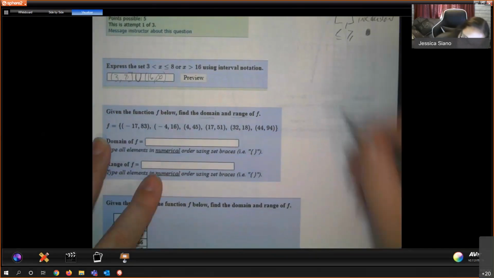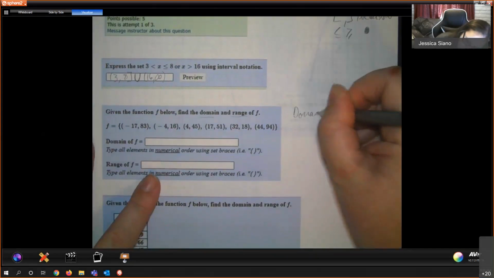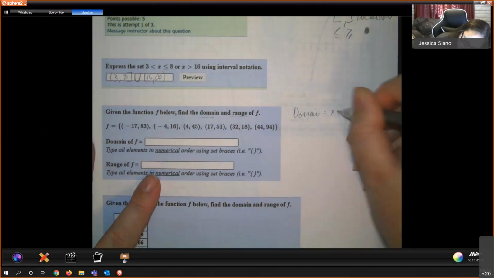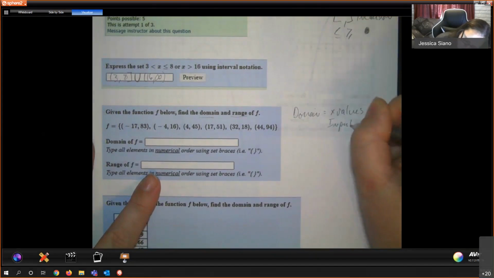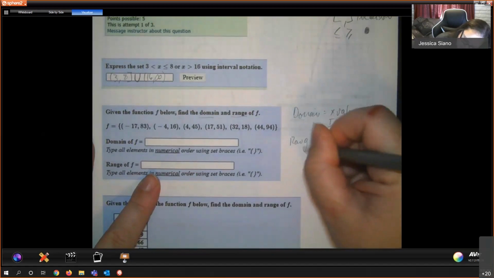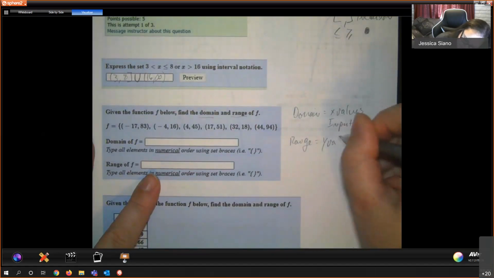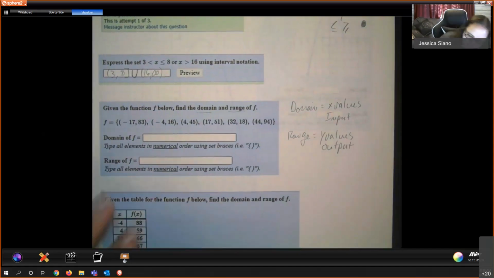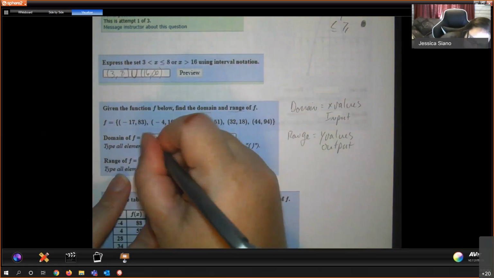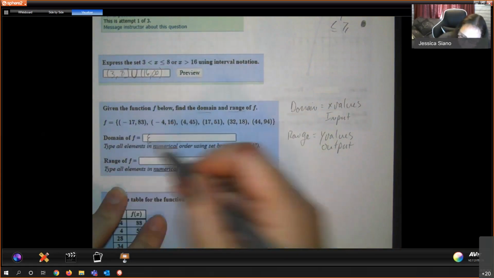All right. So remember that domain or the x values are the input. Range are the y values or output. So if I'm asked for the domain, you need to use one of these curly brackets, and you list the x values.